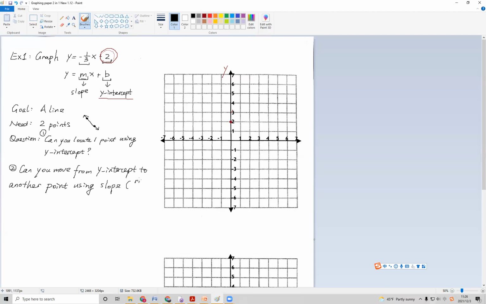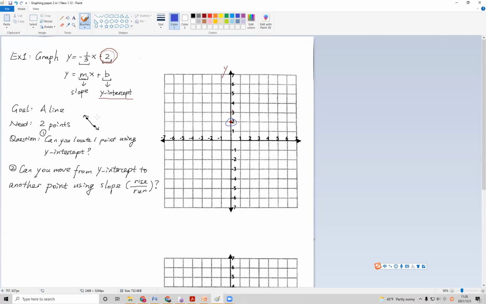When we talk about slope, we have to remember we can express slope using rise over run. So let's read this question one more time. After you got the first point right here, from this point you need to find another point, because in order to get a line, we need 2 points.